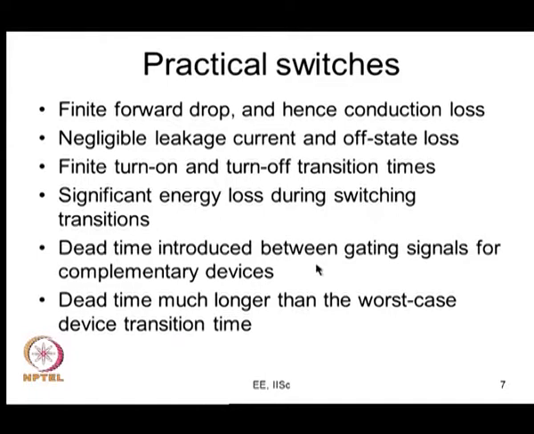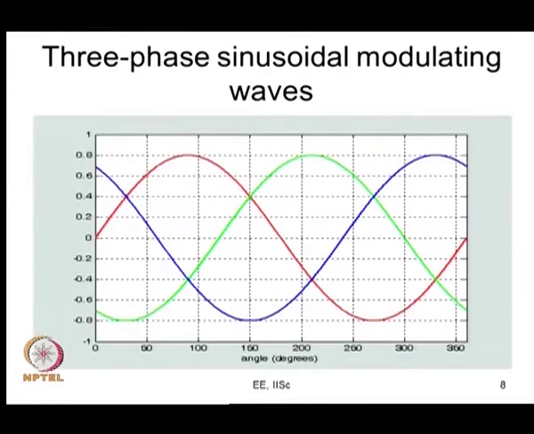So, we turn off the outgoing device first and then turn on the incoming device next, and a certain amount of time delay is introduced between the two. That is what you call dead time, and this dead time has got to be much longer than the worst case device transition time. This is what we saw previously.